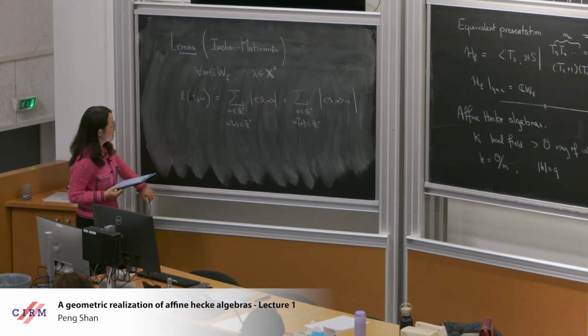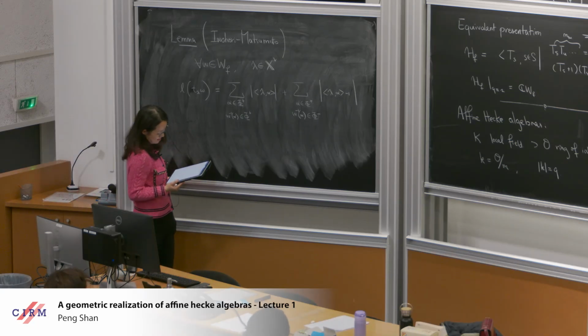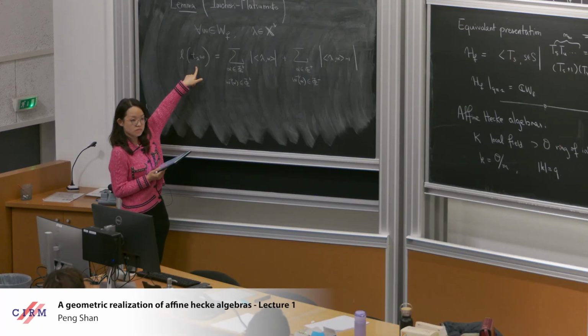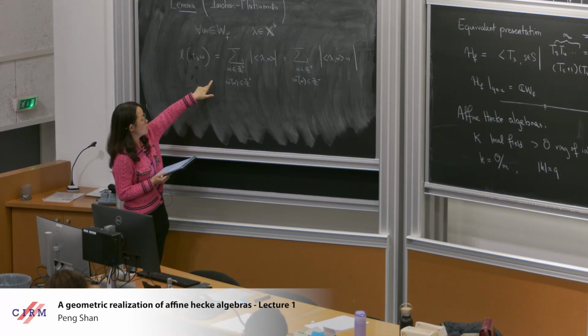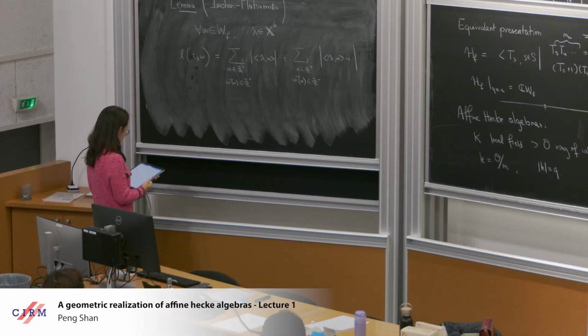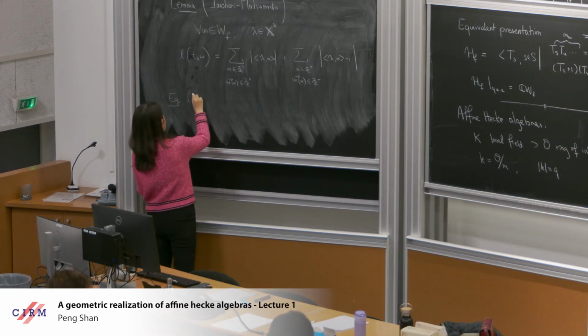It's more important to know this formula than actually proving it. In particular, you notice that this length function is not additive in lambda. It depends on how lambda behaves with respect to the roots. So maybe I'll just give an example for PGL2.